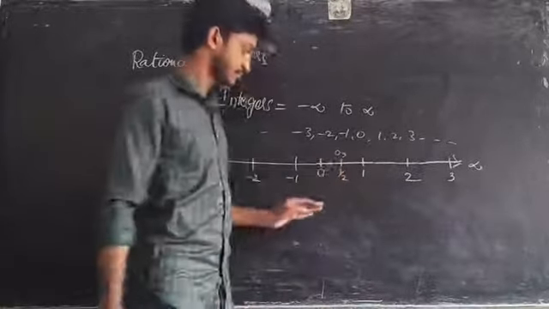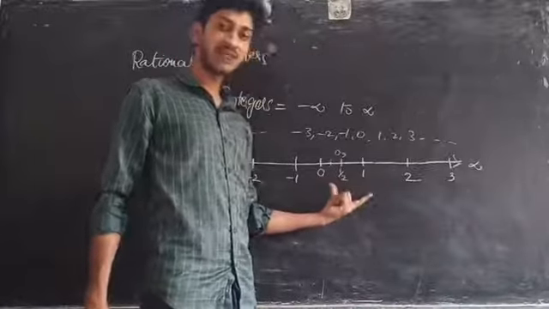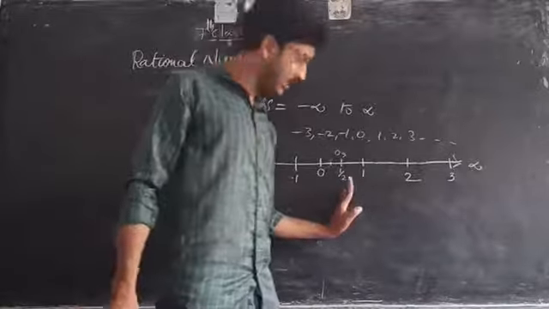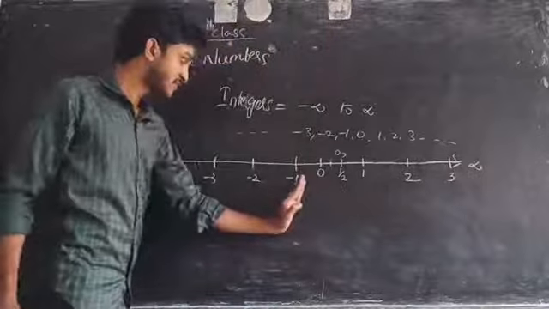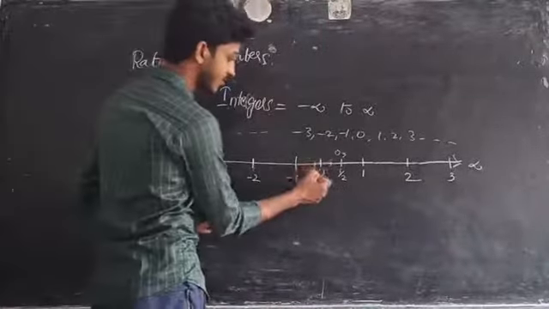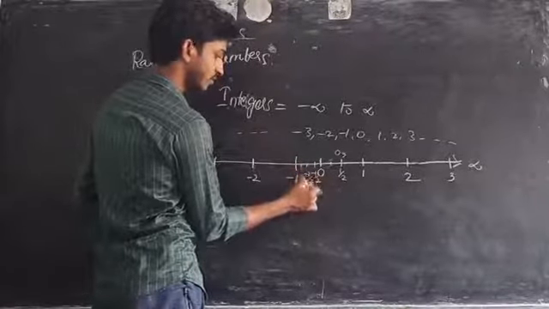Like that, there are so many fractions in between 0 and 1. The fractions on the right side of 0 are called positive fractions, and the fractions on the left side of 0 are called negative fractions, like minus 1 by 2, minus 3 by 2, minus 4 by 2.